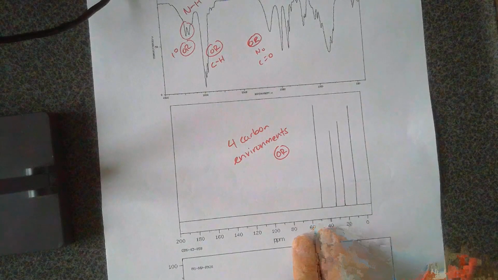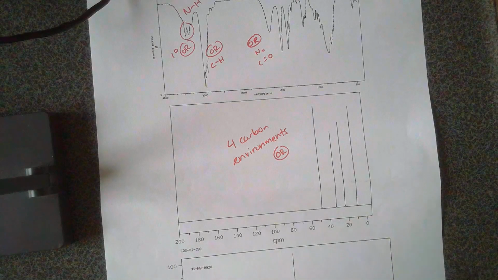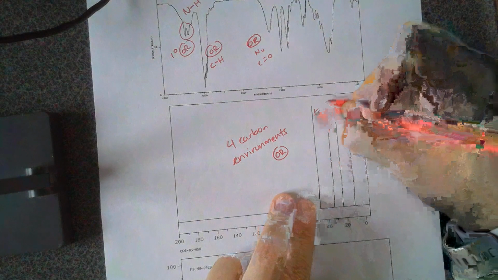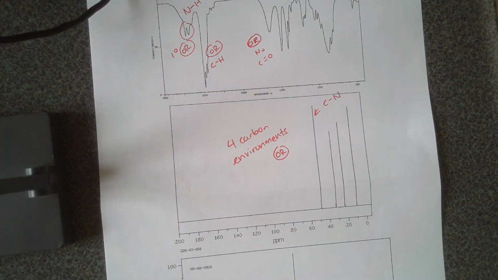This one here is actually a little bit higher, and that's why I'm saying you're better off using the IR. But when I'm looking at that carbon NMR, this one here is probably that carbon with the nitrogen. So again, it's an OR option, so long as you can tell me something. I just need to see that you can take data from the spectrums. Does that make sense? All right.